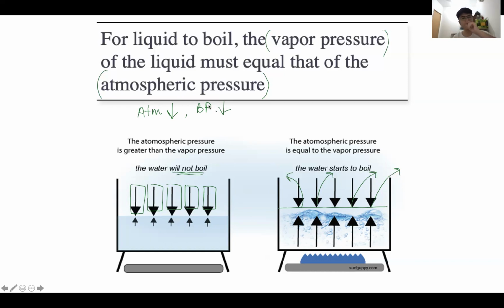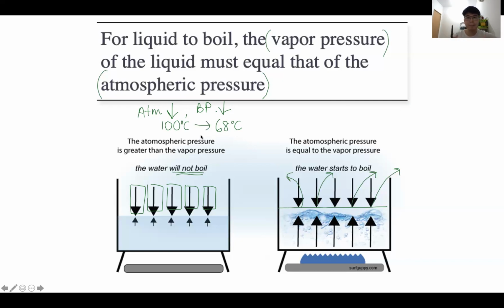So if you bring water to the top of Mount Everest, where the pressure is relatively low, the boiling point is around 68 degrees Celsius. Standard atmospheric pressure gives 100 degrees Celsius, but at the top of Mount Everest it drops to 68.